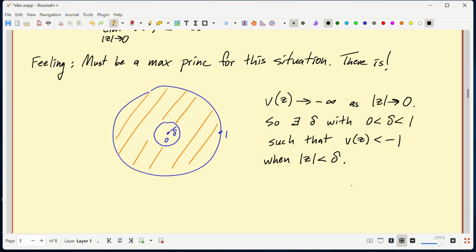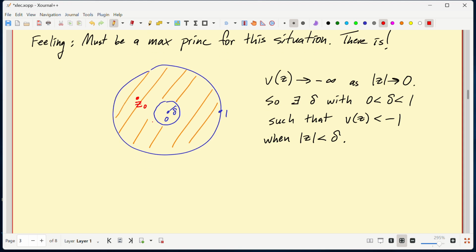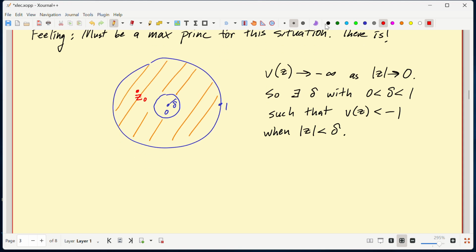And now if I want to apply the maximum, I want to pick a spot in here. Any old spot, z naught. So let's pick z naught in the annulus from delta to 1, about 0, in the picture there.